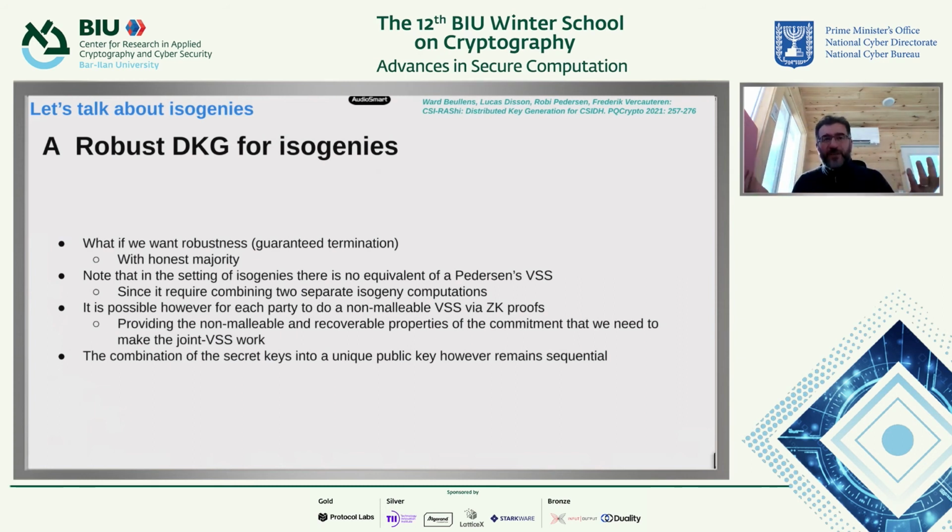However, the combination of the secret keys into a unique public key remains inherently sequential due to the lack of structure of the isogenies. And a student of mine and I have been looking at this for a while, and then we realized, oh my God, this is exactly why it's quantum resistant.